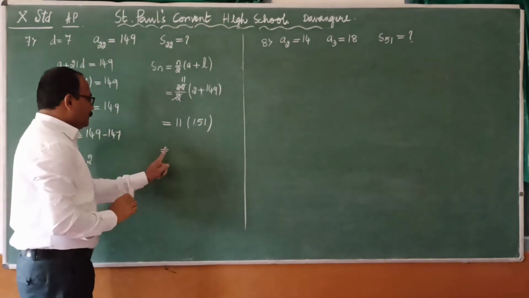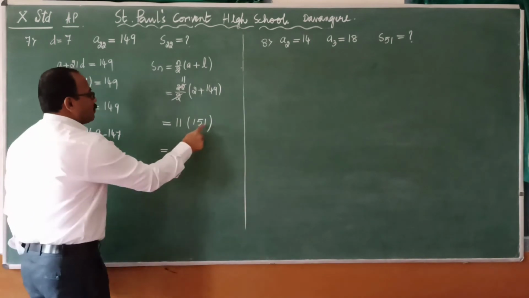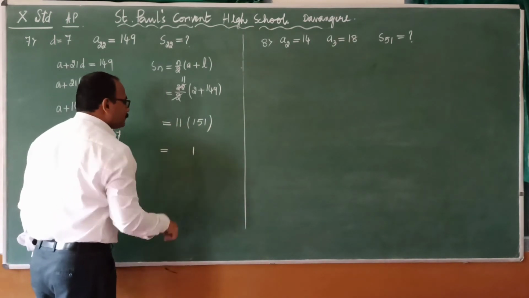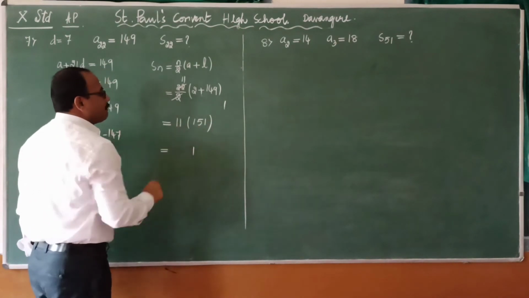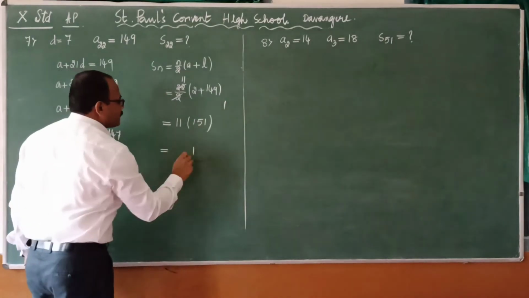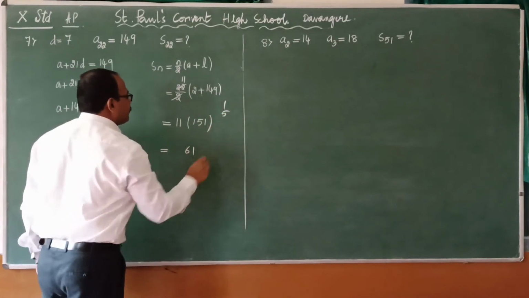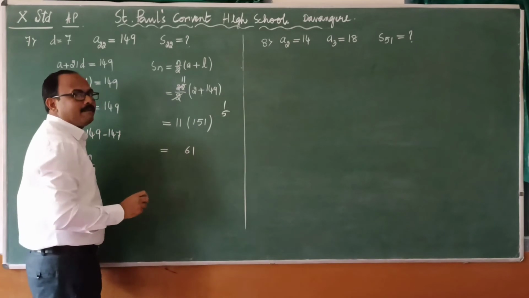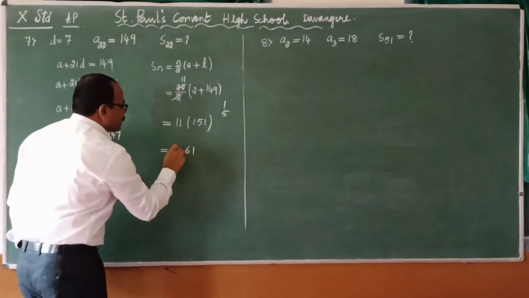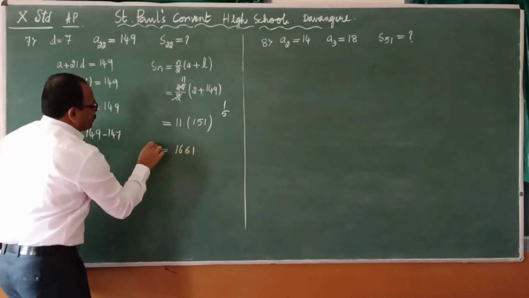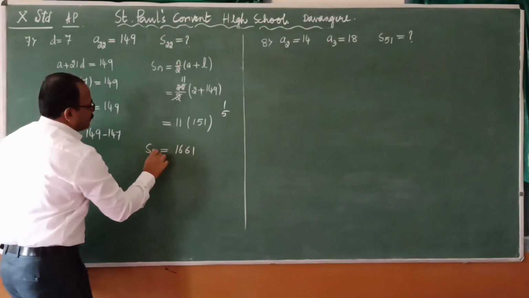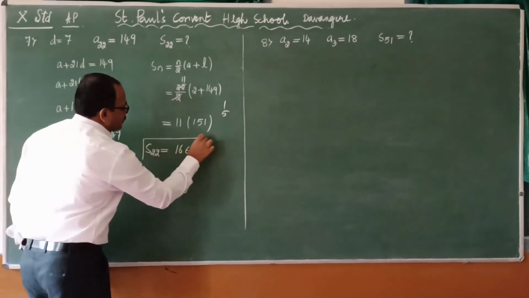Multiplication of these: 1 into 11, 11, carry 1. 5 into 11, 55 plus 1, 56, carry 5. 1 into 11, 11 plus 5 becomes 16. Slowly calculate this calculation part, children.